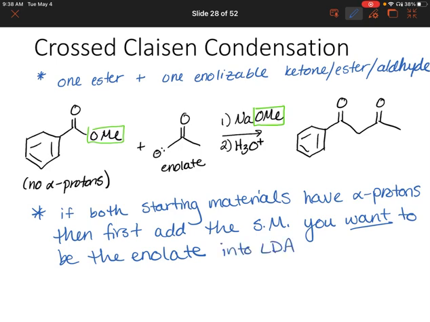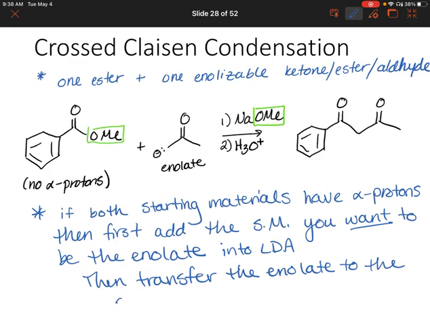So remember, that's the base we can use to pull an alpha proton off of our ketone or aldehyde, etc. Then transfer the enolate to the second starting material. So just a technique we can use to kind of control what products we end up with.